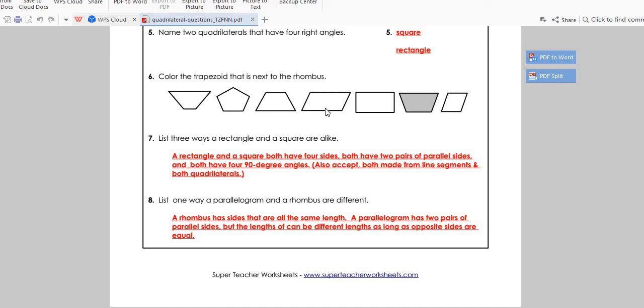This side is different from this side, although the two opposite sides are equal in length in the parallelogram.